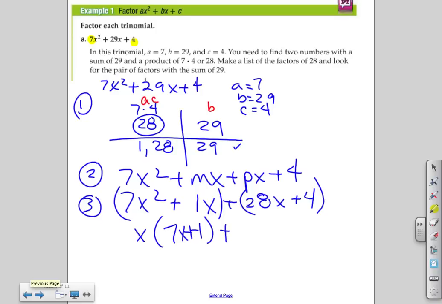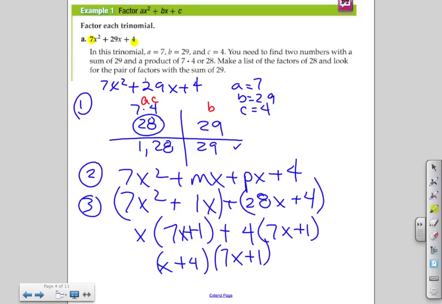And over here, what can we take out? We can take a 4 out, and that's going to leave us 7x plus 1. Now we can factor it, and we can get x plus 4 times the quantity 7x plus 1. Okay, everybody good with that? Good. Let's try another one.